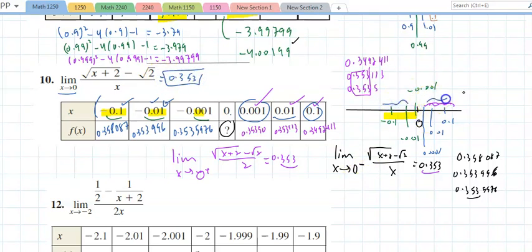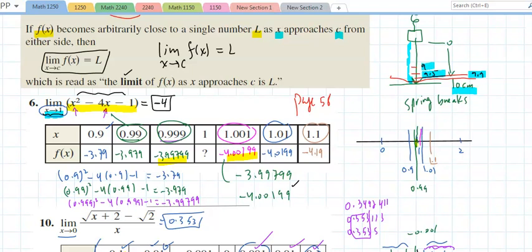If we go back to the previous problem, did you notice these values right here were below 1? So the limit as x approaches 1 from the left of x squared minus 4x minus 1 was, and what did we get here? Do you see we got a negative 3.99799. If you round it, that's roughly a negative 4.